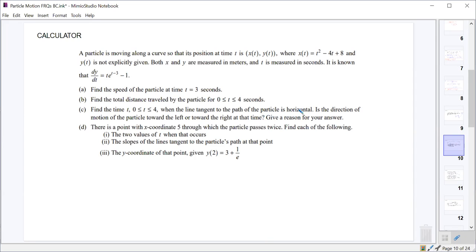This one has when is the tangent horizontal, so we'd be setting dy dt equal to 0. You guys want to do this one or no? Or find another one that's a little different? Sure. All right, let's do this one. Why not? This will be the one we do.